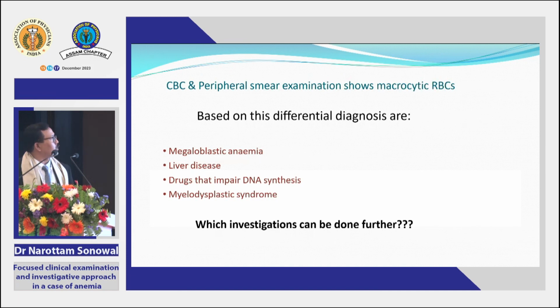Based on these CBC findings, the peripheral smear examination shows macrocytic RBCs. So what are the differential diagnoses? One is megaloblastic anemia, another is liver disease, another is drugs that impair DNA synthesis, and next is myelodysplastic syndrome. Based on these findings, which investigation can be done further?